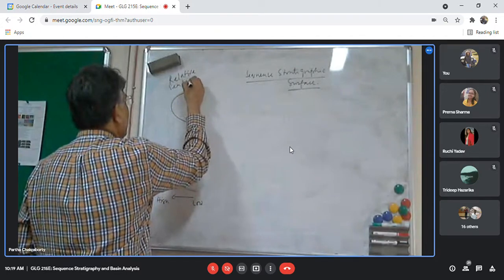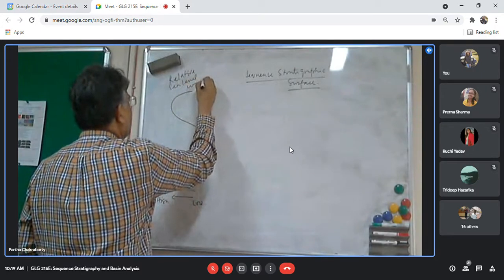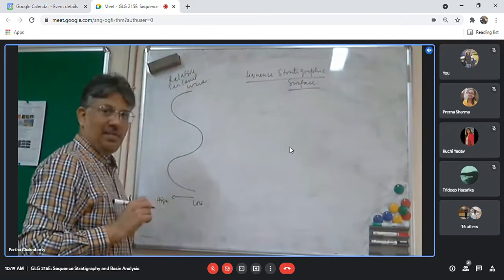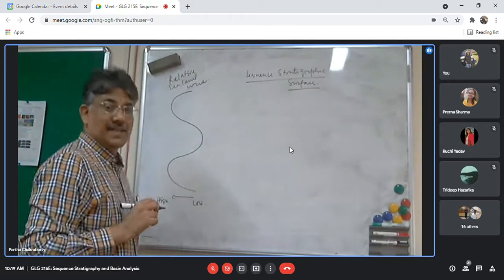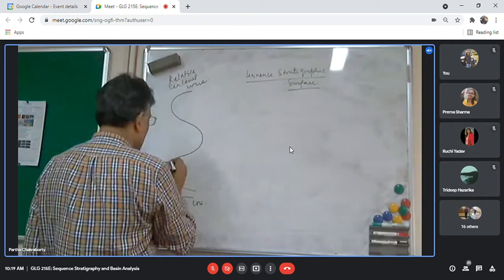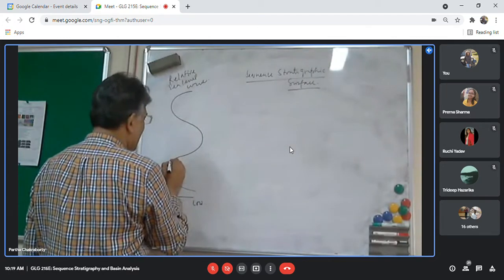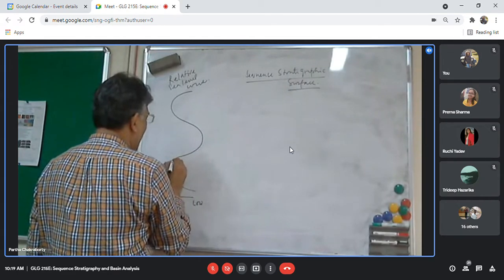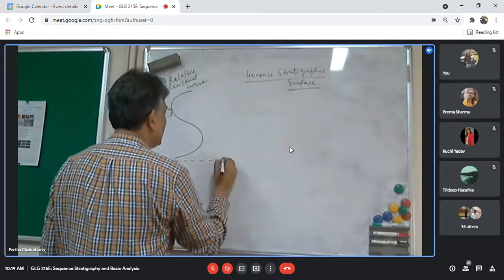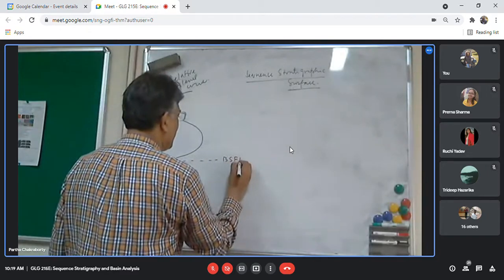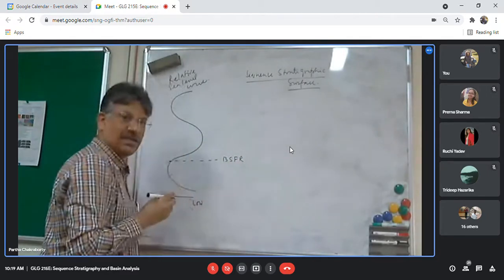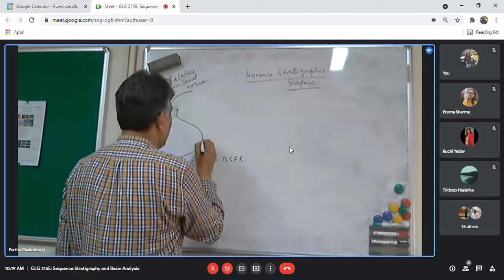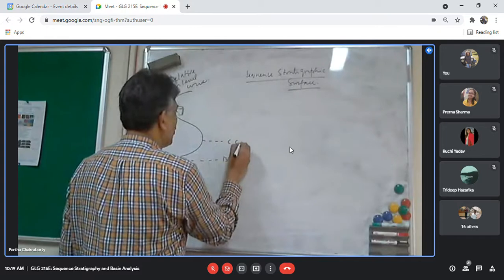So in the relative sea level curve, what are the different surfaces that I mark? I start with this point of the curve, and this is what I mark as BSFR, basal surface of forced regression. Okay. This I mark as CC, correlative conformity.